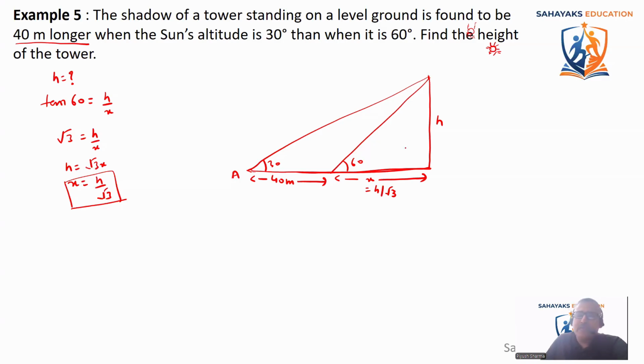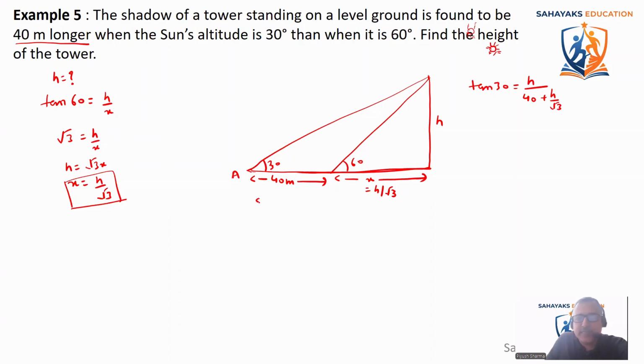Now we'll use the bigger triangle and we'll use tan of 30. Tan 30 is equal to h divided by 40 plus h by root 3.